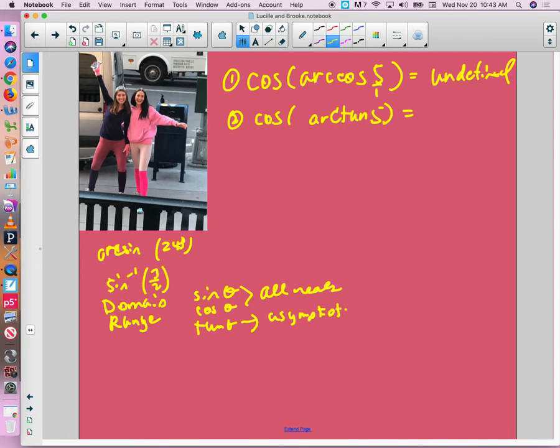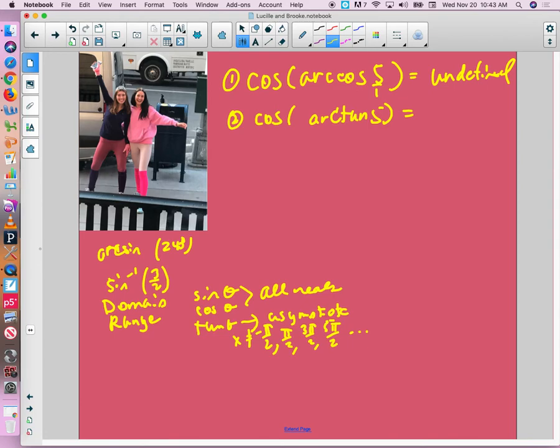Every time you hit a pi over 2, 3 pi over 2, 5 pi over 2, negative pi over 2, x cannot equal those.